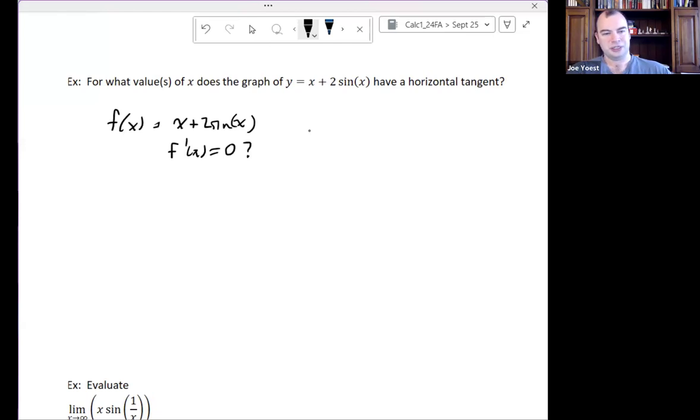Well, we can just differentiate. f prime of x: the derivative of the sum is the sum of the derivatives. So that's 1 plus the derivative of 2 times sine of x. The 2 comes out front, and the derivative of sine of x is cos x. And I want to know, when is this 0?